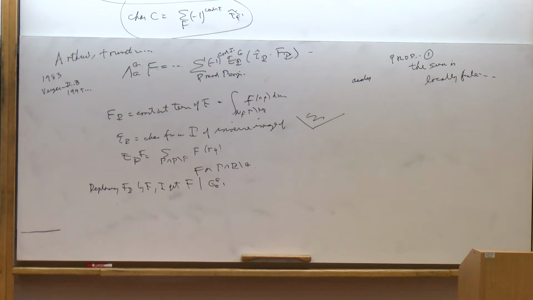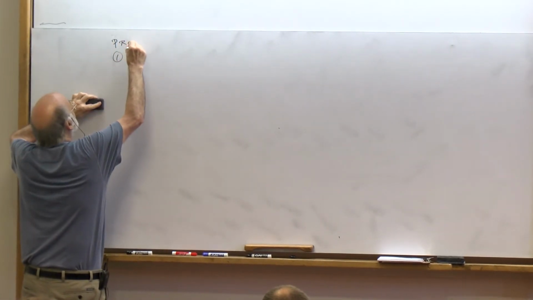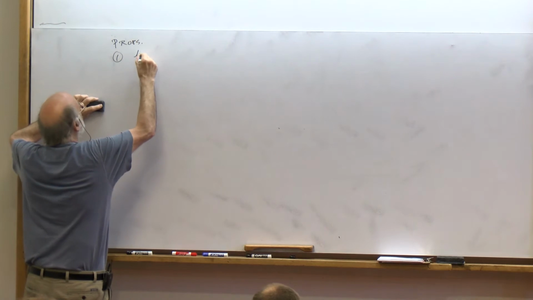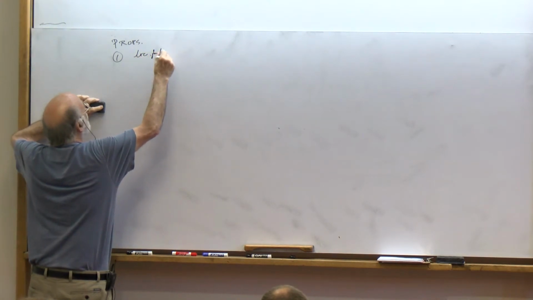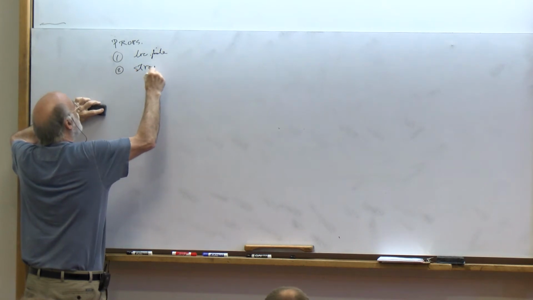But now the properties are as follows. Zero, one, locally finite. Two, strong orthogonality.